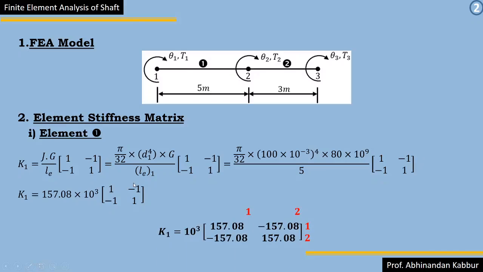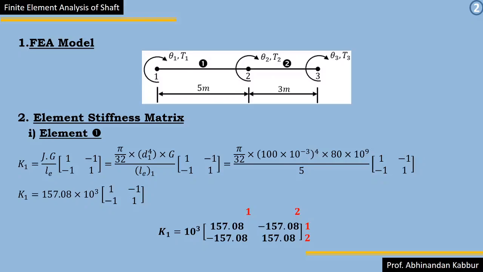Taking 10 to the power of 3 outside and sending 157.08 inside the matrix, I get 157.08 here, minus 157.08 here, minus 157.08 here, and plus 157.08. This is the stiffness matrix for the first element. The first element is associated with displacements 1 and 2, so I write 1 and 2 horizontally and 1 and 2 vertically. So this is the first stiffness matrix.